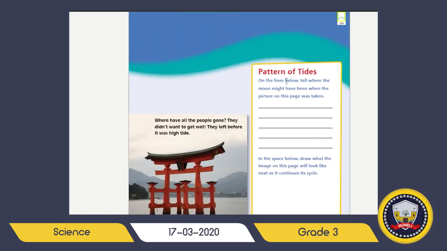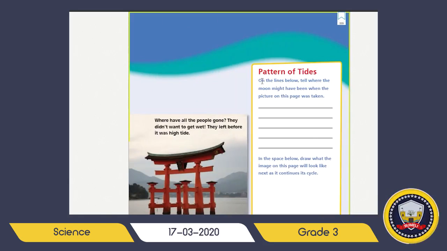Let's go into the pattern of the tides. On the lines below, tell where the moon might have been when the picture on this page was taken. Think of the answer. What do you think it is? One more time I will read the question.